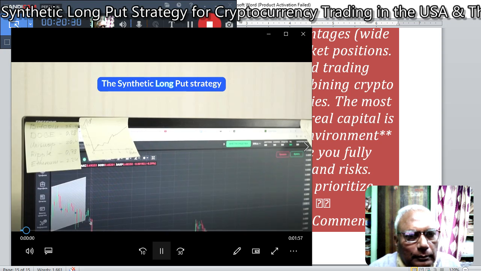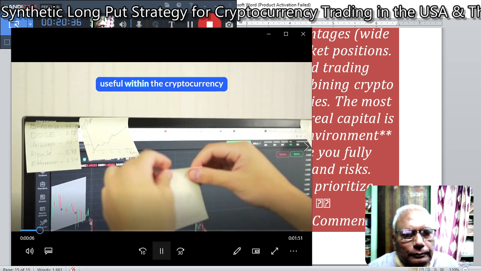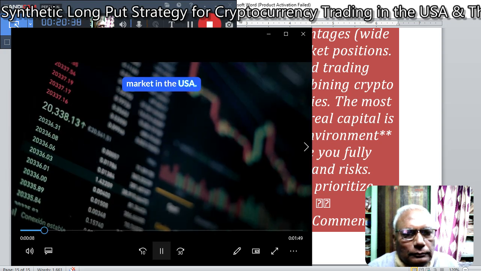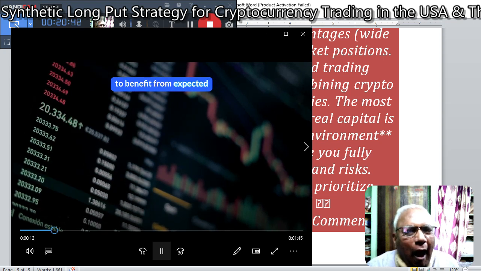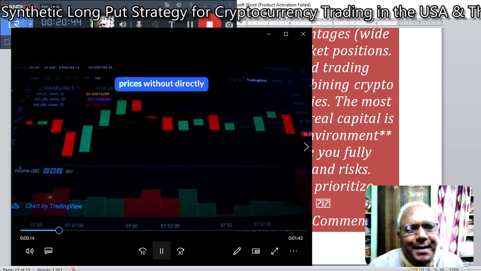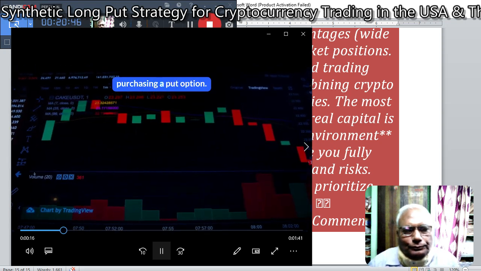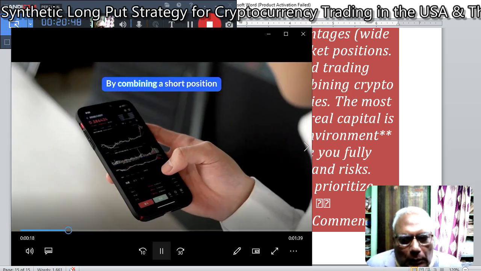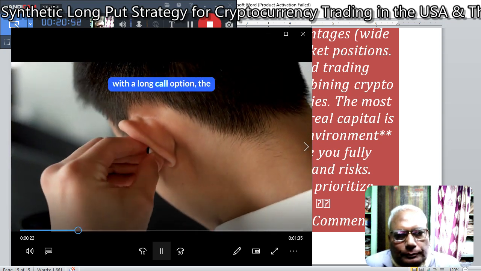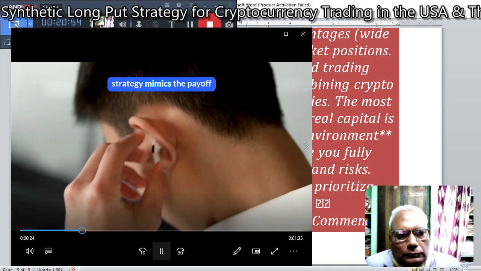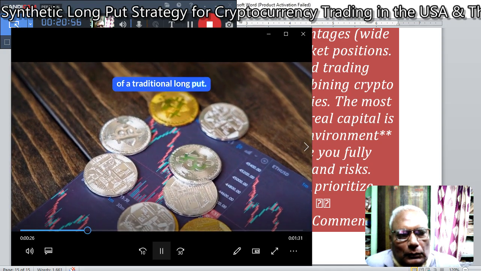The synthetic long put strategy is a versatile approach in options trading, particularly useful within the cryptocurrency market in the USA. This method allows traders to benefit from expected declines in cryptocurrency prices without directly purchasing a put option. By combining a short position in the underlying asset with a long call option, the strategy mimics the payoff of a traditional long put.